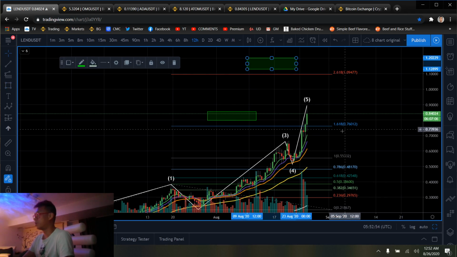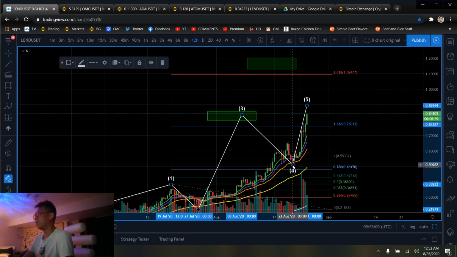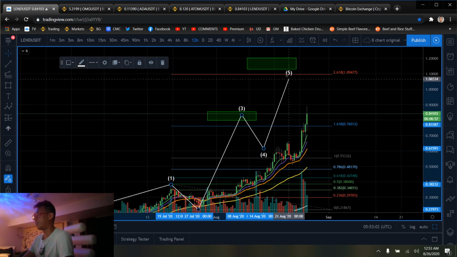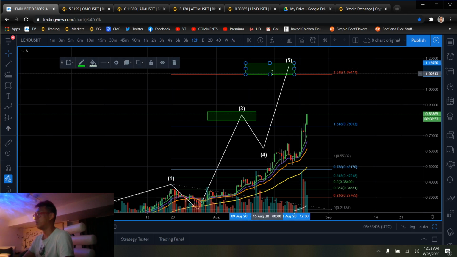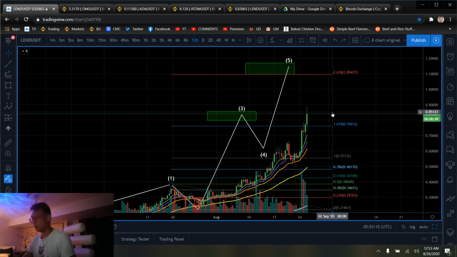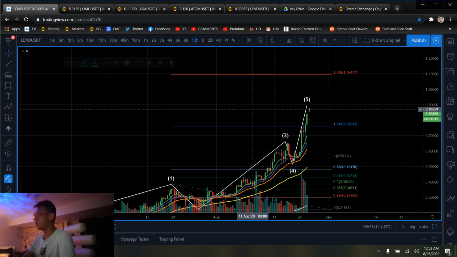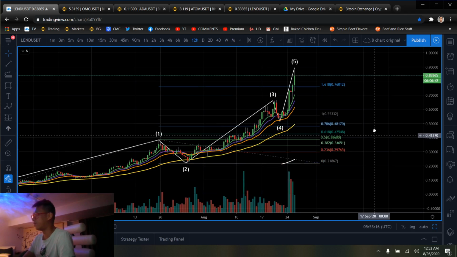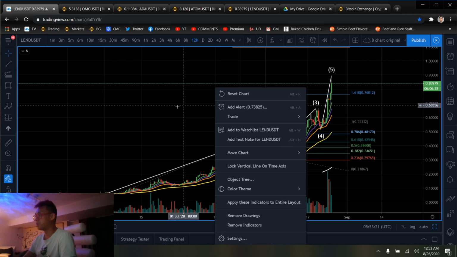So the next target, if this one was wave 3, just hypothetical, and wave 4 came down, you would expect wave 5 to maybe hit somewhere there as well, or a little bit smaller, maybe right up here. See what I mean? So I'm just talking about how we project these extensions by extrapolating the information that we have. So if this is actually the structure, cool, makes sense.